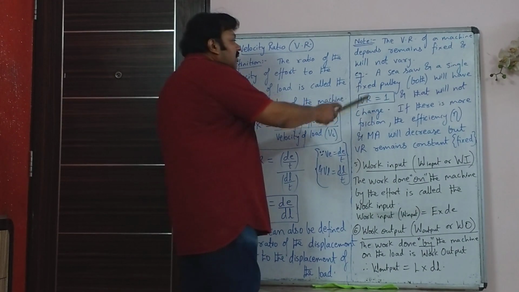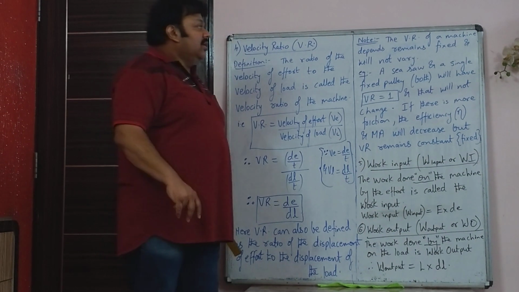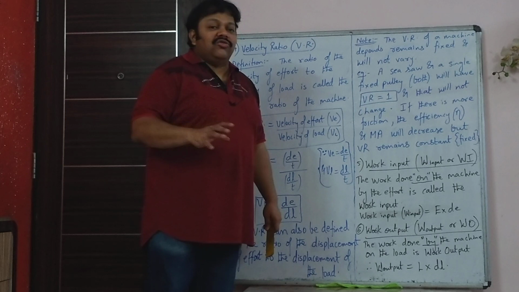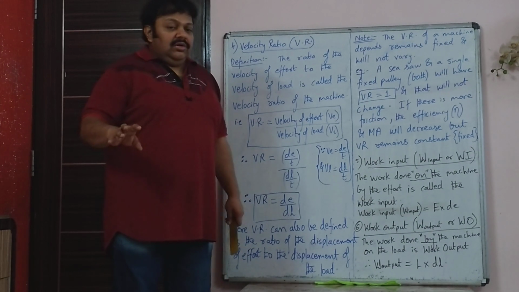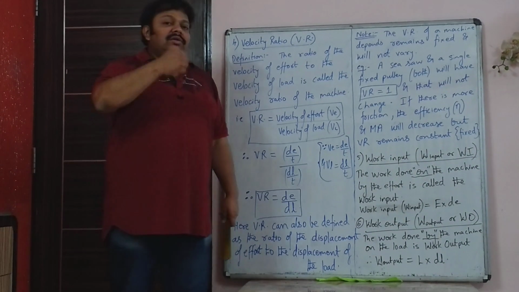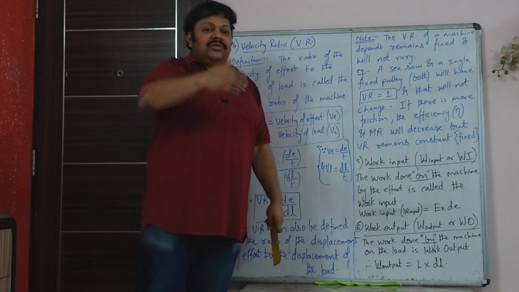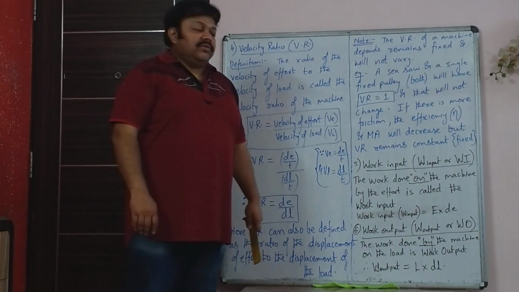So now next, one more thing you have to note and be very sure about is that the velocity ratio of a machine does not change. It never changes. As for example, let's say you take a single fixed pulley. That pulley system which is mostly seen in most of the wells in our villages.